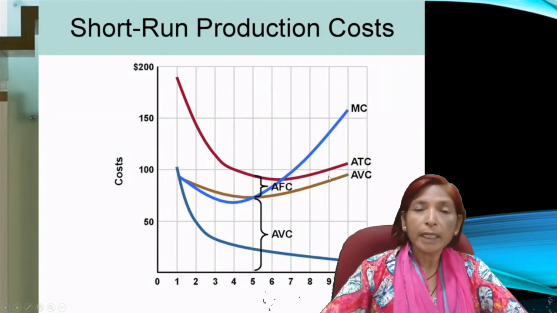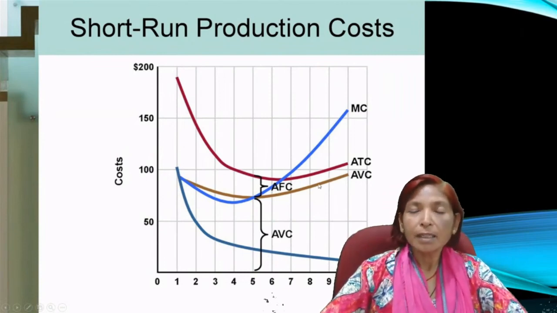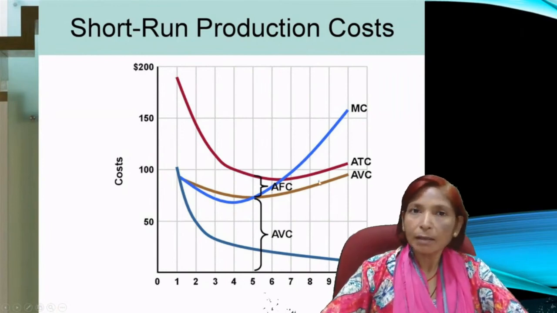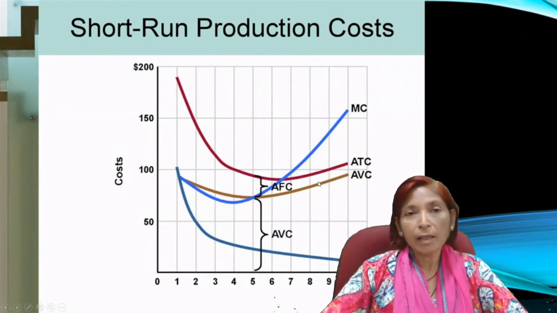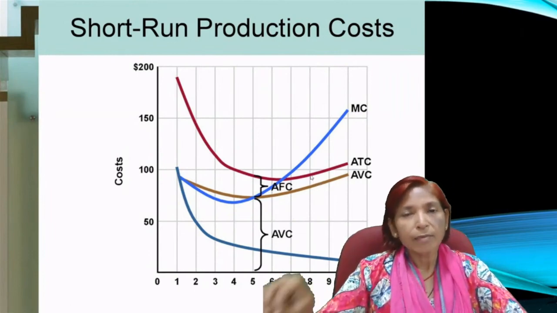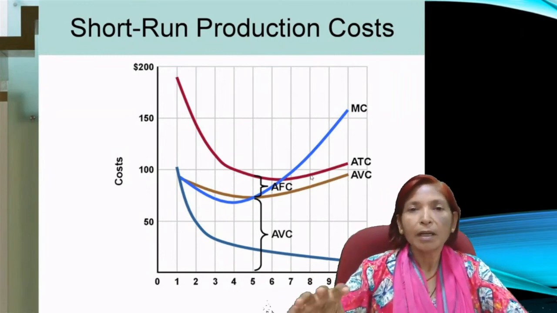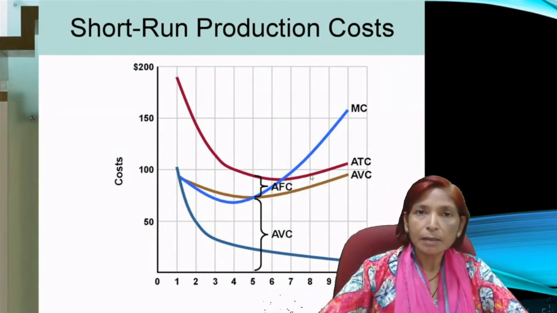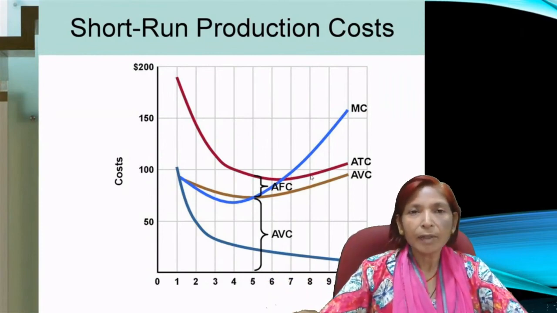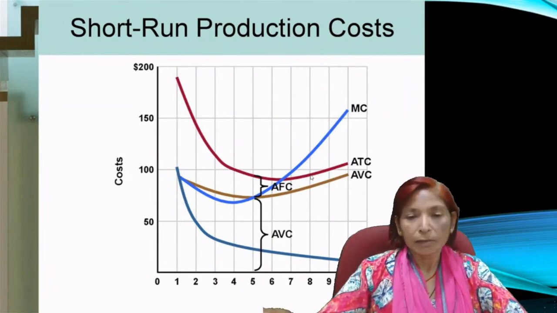But ATC and AVC can never intersect each other. They may go parallel but never intersect each other. In the beginning, the gap will be maximum, and at last it will start declining, but they never touch any curve.